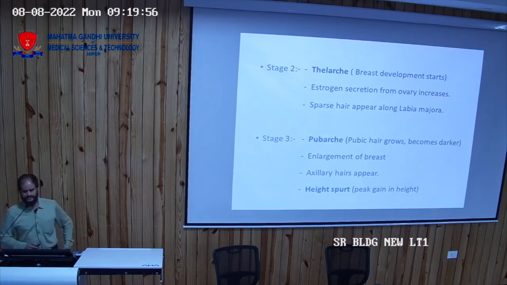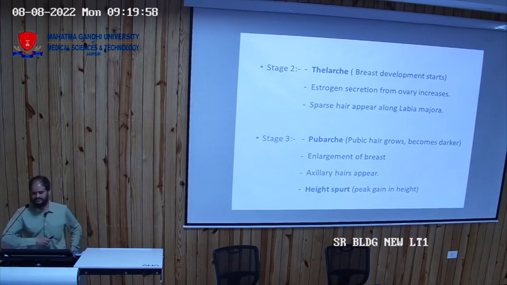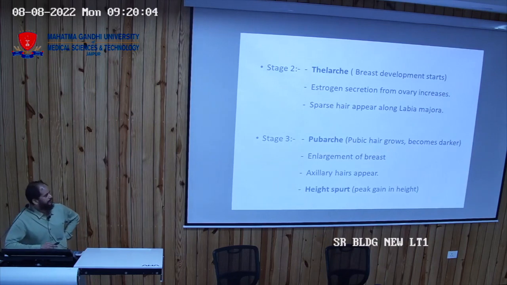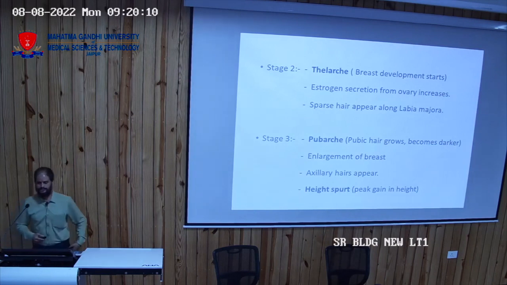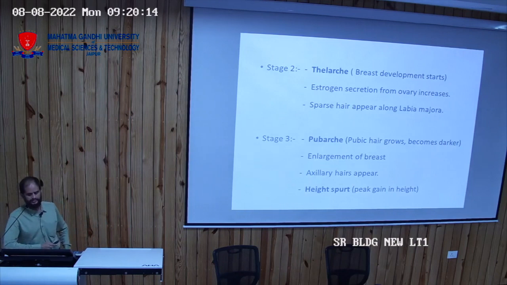Hair development starts, but initially it is sparse hair which appears along the labia, and then stage 3 is marked by pubertal growth, pubic hair growth, that is called pubarche.